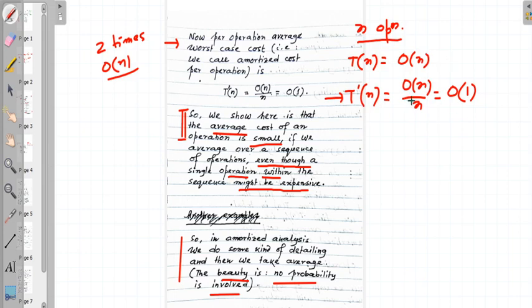That is our averaging principle here. We are not going to make any distributional assumption on the data, which is what we do in average case analysis of algorithms. So this is not average case analysis.